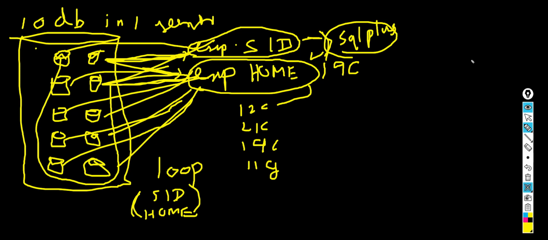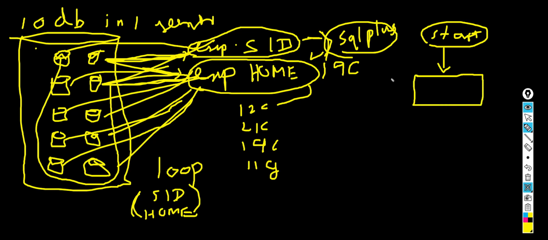So here the flowchart will be something like this. I first start the script. Then I take a backup of the ORATab file. So how do we iterate over the SID and Oracle Home using ORATab?